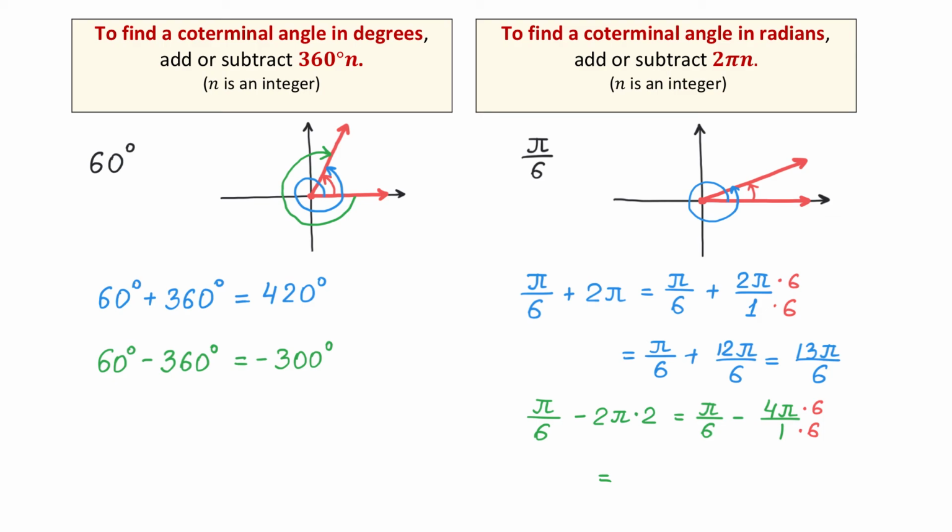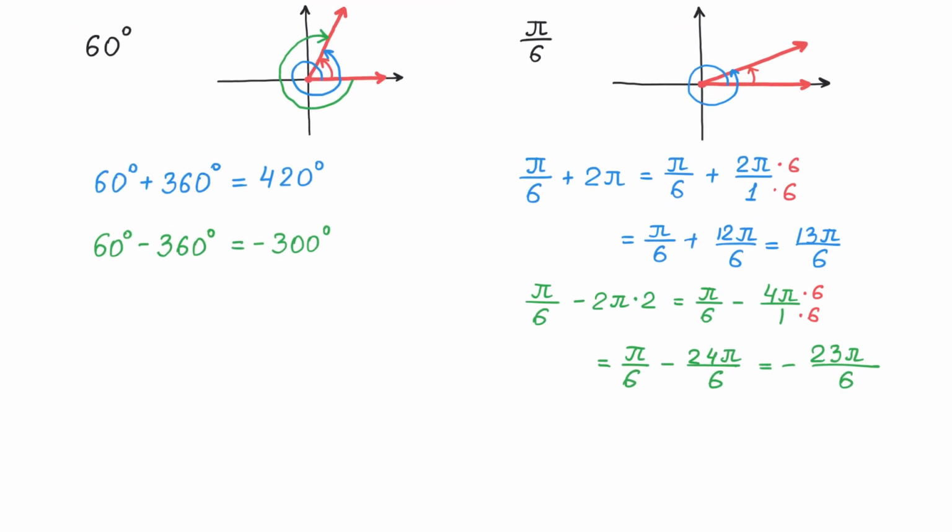Then we will have pi over 6 minus 24 pi over 6. And in the numerator, 1 pi minus 24 pi is negative 23 pi. Then we will have negative 23 pi over 6. This is a negative angle, and to draw it, we have to move clockwise.